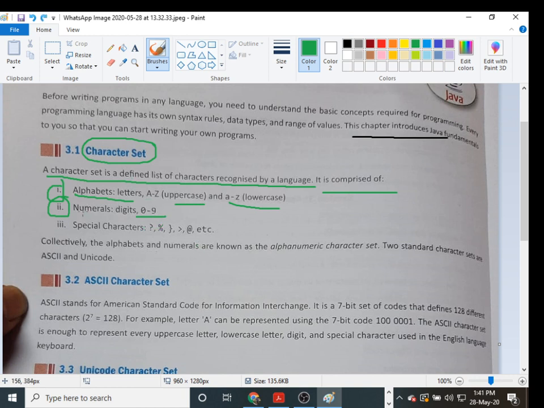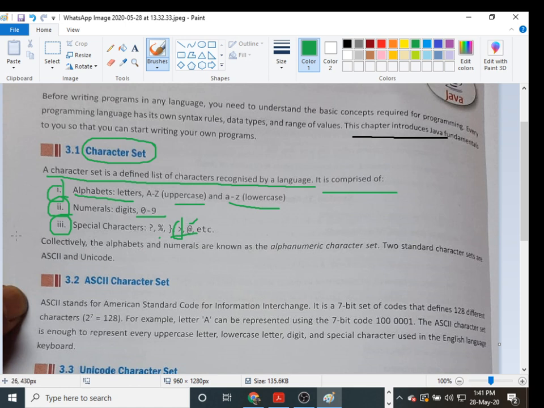Next one, third, is special characters. Special characters means when you are writing anything in English, then you use question mark, comma, full stop, colon, and so on. When you are solving in mathematics, then you use percentage, curly braces, and this sign, at the rate, while typing anyone's Gmail address.